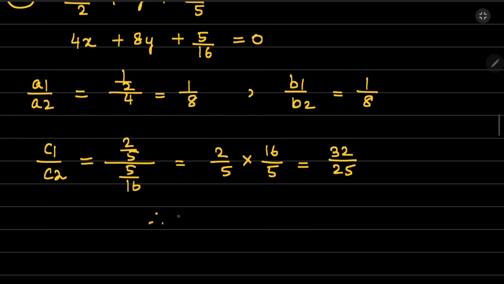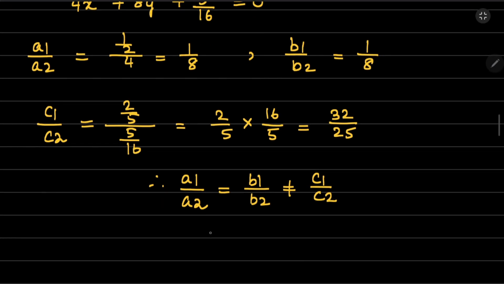Therefore, A1 by A2 is equal to B1 by B2, but this is not equal to C1 by C2. This is the condition of lines being parallel with no solution. So the given system of equations represents parallel lines and they have no solution.